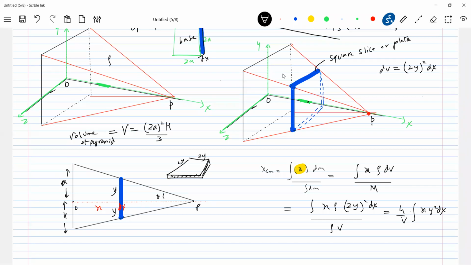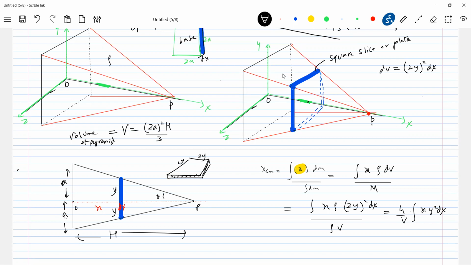We don't know the relationship between x and y. That OP is what, h, no? OP is h. Look at the triangle.